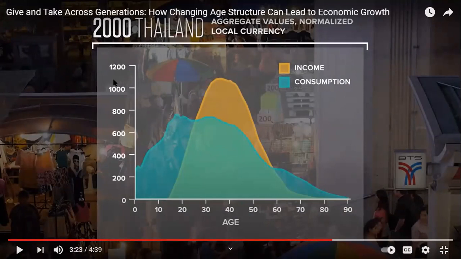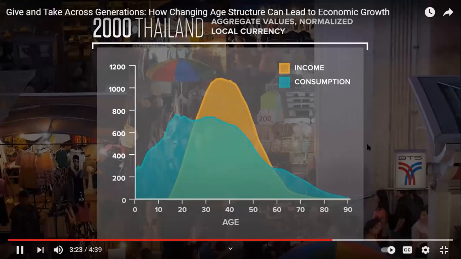In the early years, they have so many young children, and the consumption exceeded the income generated by the working age group. And by 2000, things are different. It has exceeded the level of consumption actually. The earnings by the working age group exceeded them.